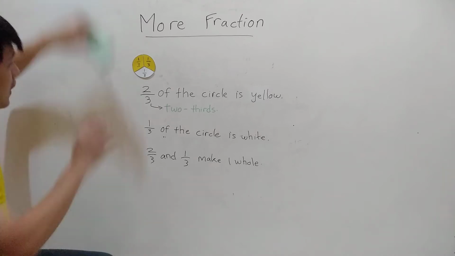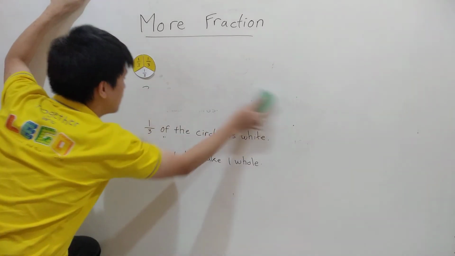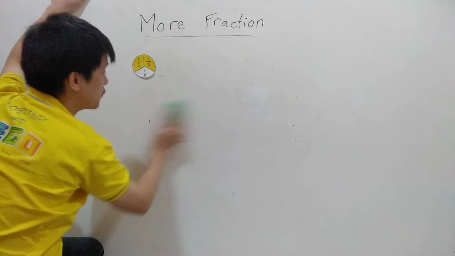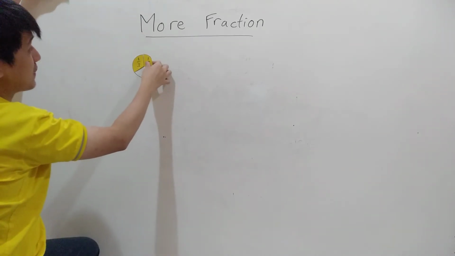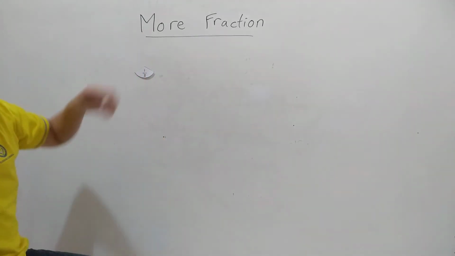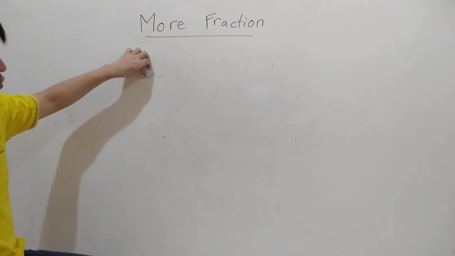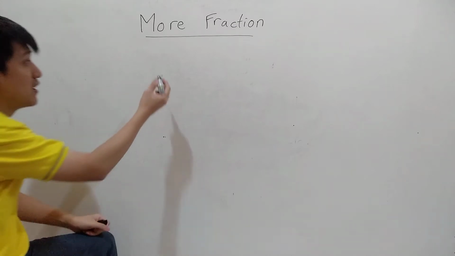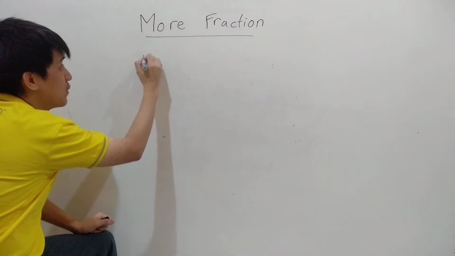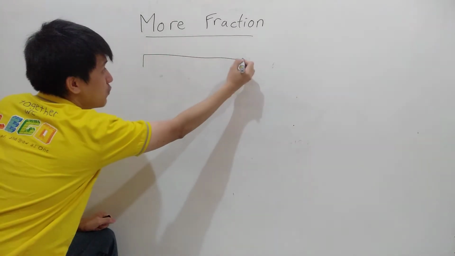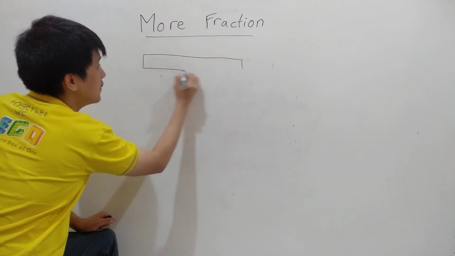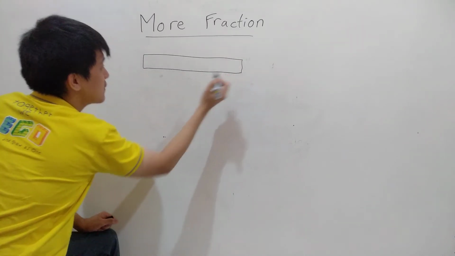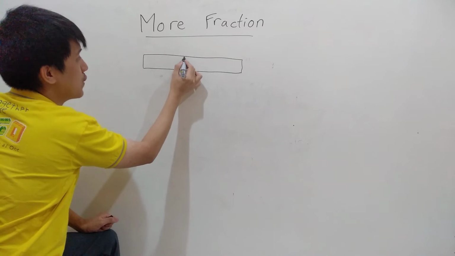As I told you before, you don't always have to use a circle to represent a fraction. So let's try to use a bar. Since you have learned how to use a model, we are going to use a model or a bar. We will make one bar, and then I will cut this bar into 4, for example.